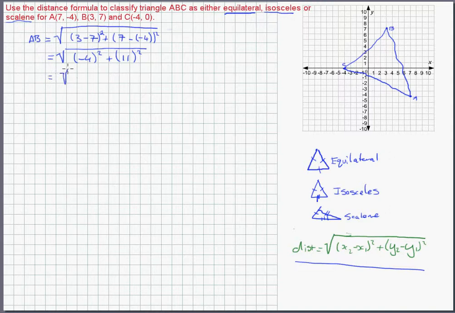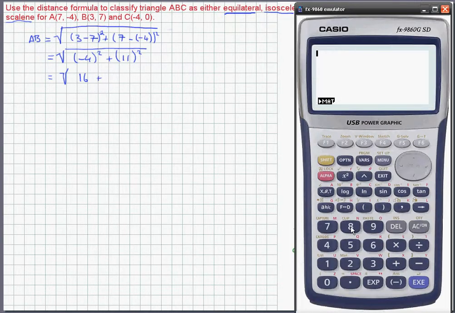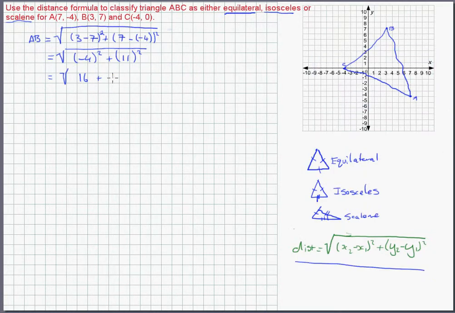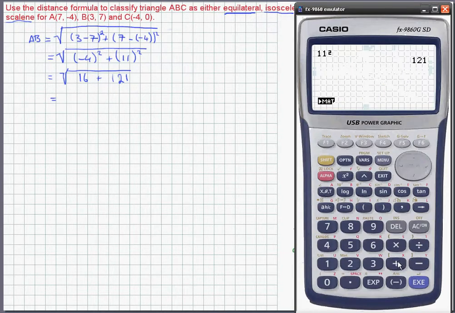equals square root of, any negative number squared becomes positive, and so -4 times -4 is positive 16, plus 11 squared. Now if you're not sure about these numbers, I'd suggest just going to your calculator, and here we have 11, and we go up to squared, 121, and 121 plus 16 gives us 137.